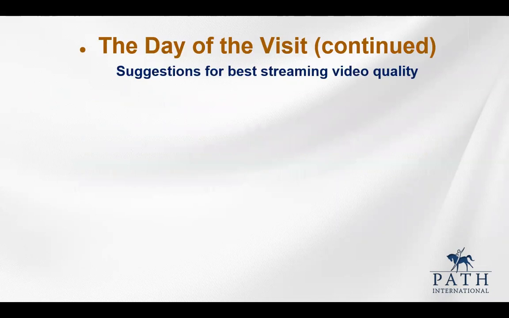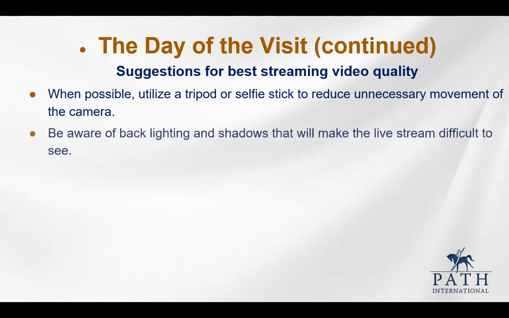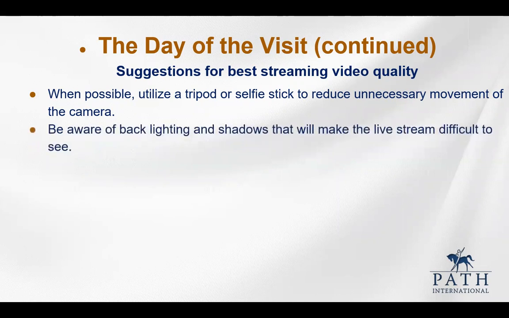Here are some tips to help ensure a great live stream. If possible, utilize a tripod or selfie stick to reduce unnecessary movement or shaking of the camera. Be aware of backlighting or shadows that might make the live stream video difficult to see.